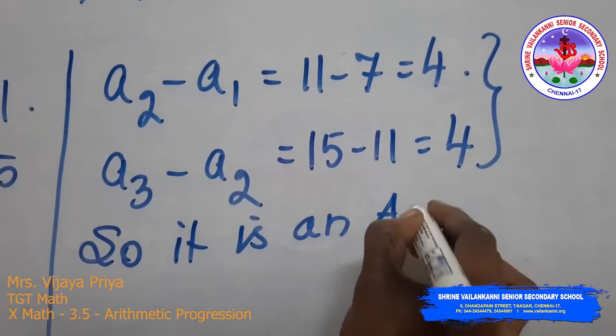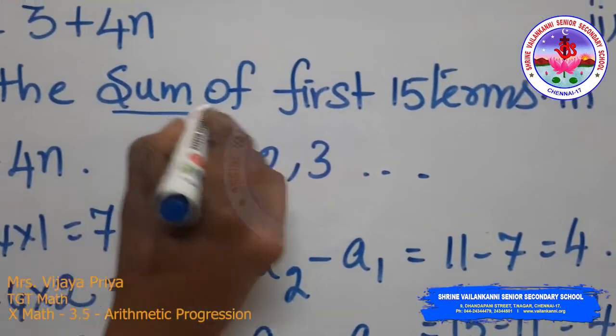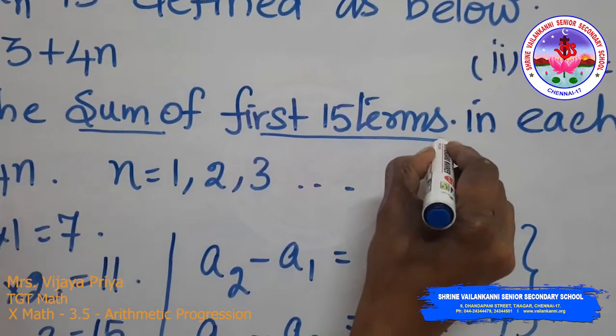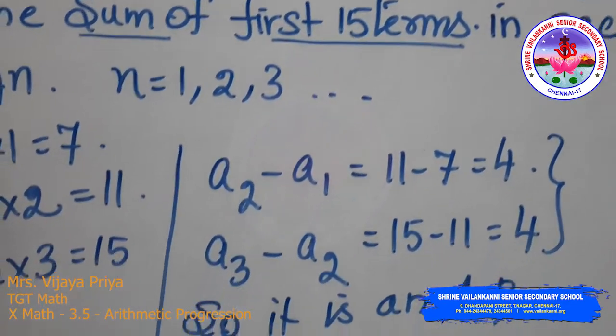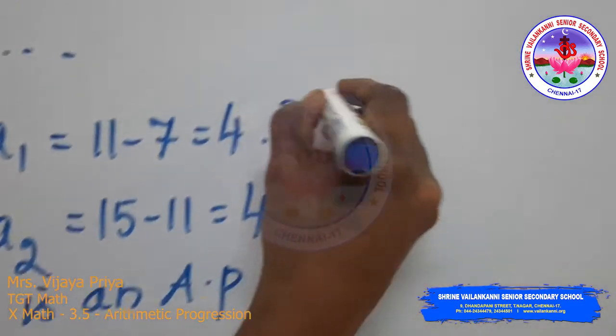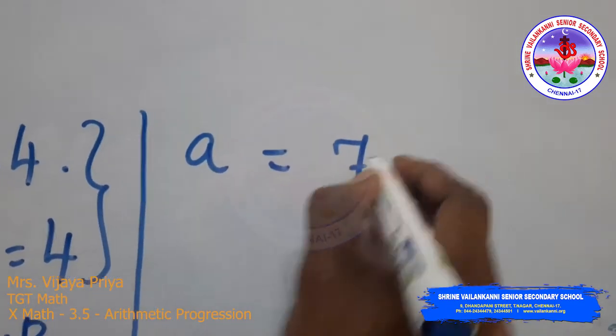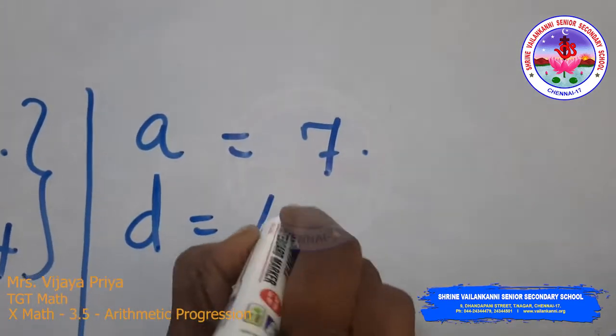So after finding the sequence is in AP, we need to find out the sum of the first 15 terms of this AP. So we need to find S15. So first let us write a = the first term 7. We got the common difference as 4.